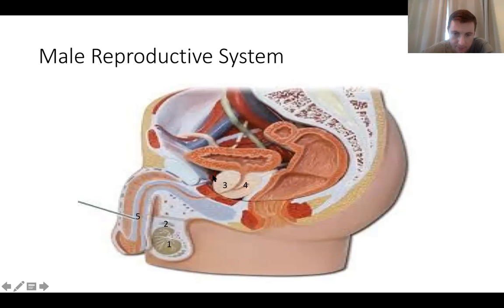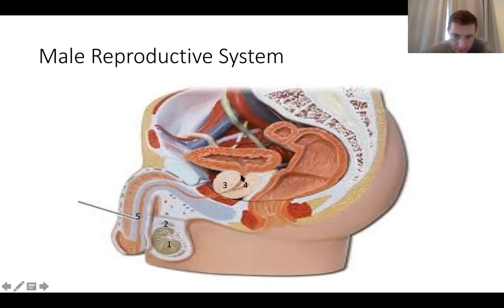3, this very important structure here is the prostate. So what's not on this model is the vas deferens. The vas deferens is connected to the epididymis, and it actually travels through here, and then it goes straight into the prostate.